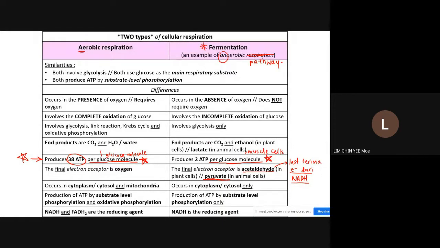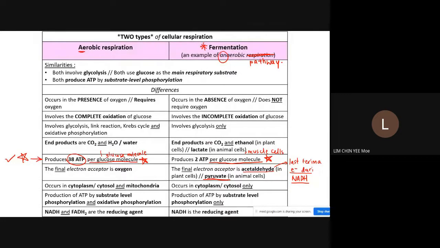Is it okay if the question wants it in terms of ATP production? Can I compare, oh there is oxygen, no oxygen? No. No, that's it. So what you have to do is to compare anything related to ATP. Okay, this is one of them, the number of ATP.